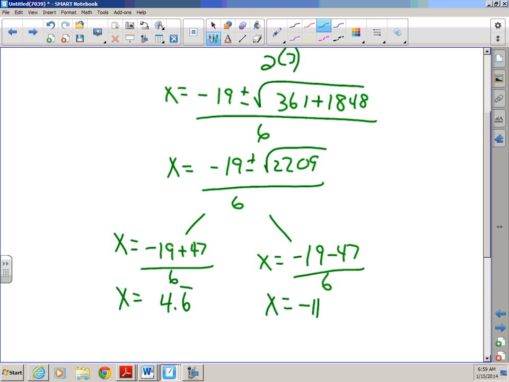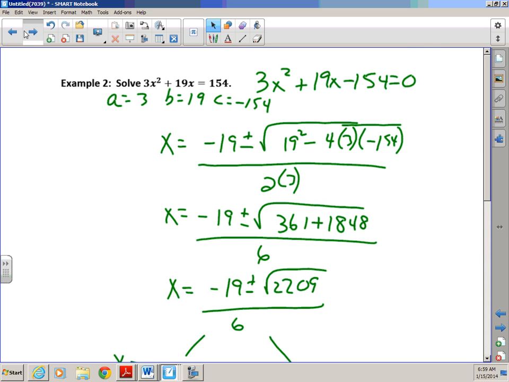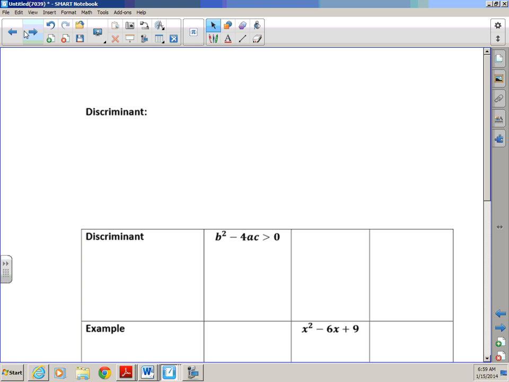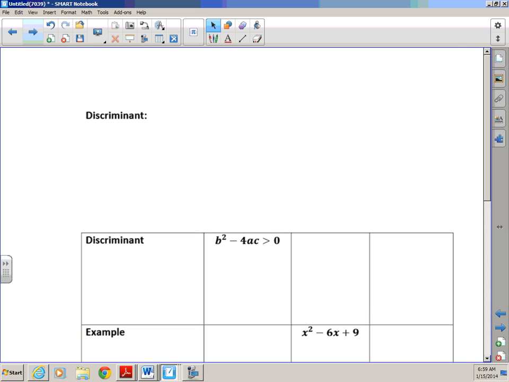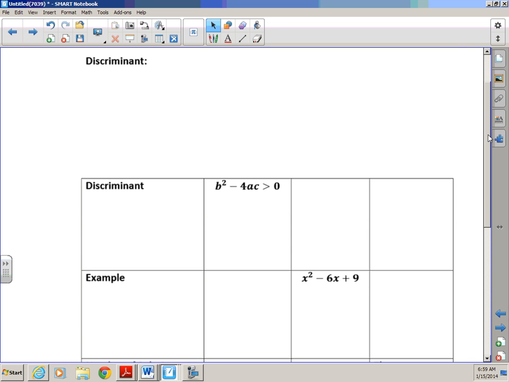Okay. Now, the final thing I want to cover with you is what's called the discriminant. The discriminant is going to tell us something about our quadratic equation. If you think about it, and we've talked about this at the beginning of the unit, our quadratic equation can have one answer, two answers, or no answers.